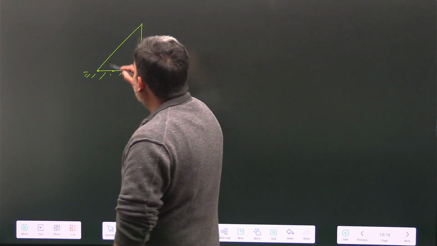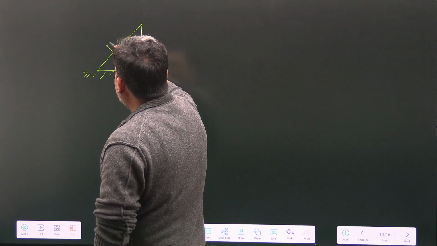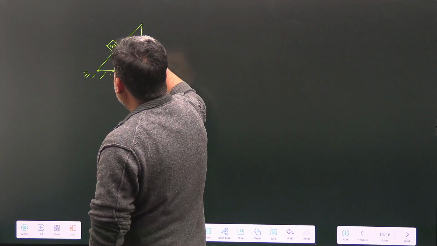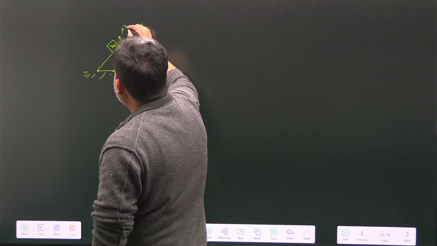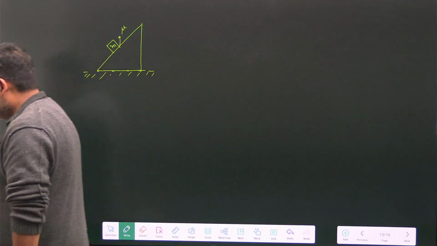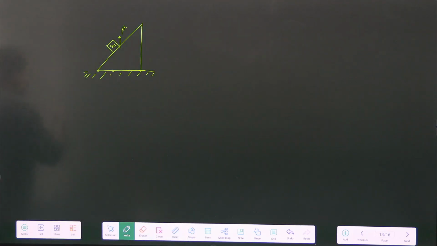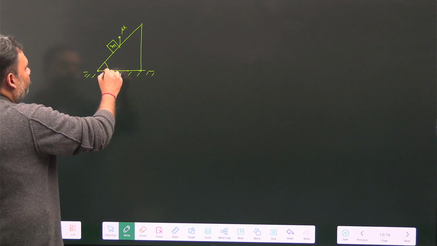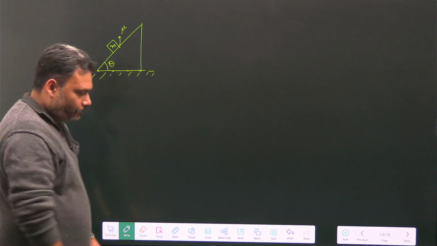And there is a mass m, and the coefficient of friction is mu. This angle is theta.